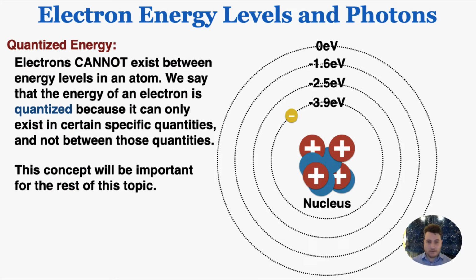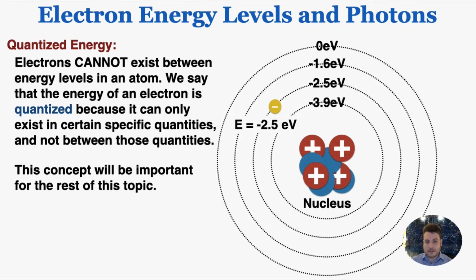A really fundamental fact about electrons and atoms is that electrons cannot exist between energy levels in an atom. We say that the energy of an electron is quantized because it can only exist in certain specific quantities and not between those quantities in the atom. So as an example, here the electron is existing at an energy of negative 3.9 electron volts, and that's okay because that's one of the energy levels of the atom.